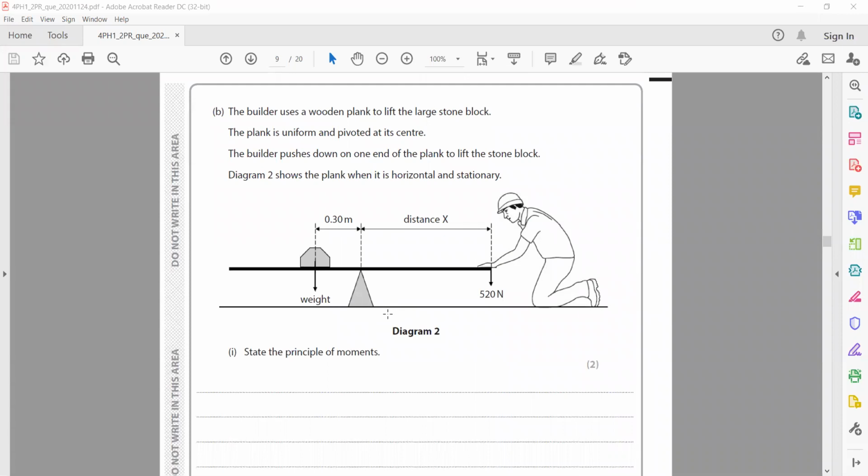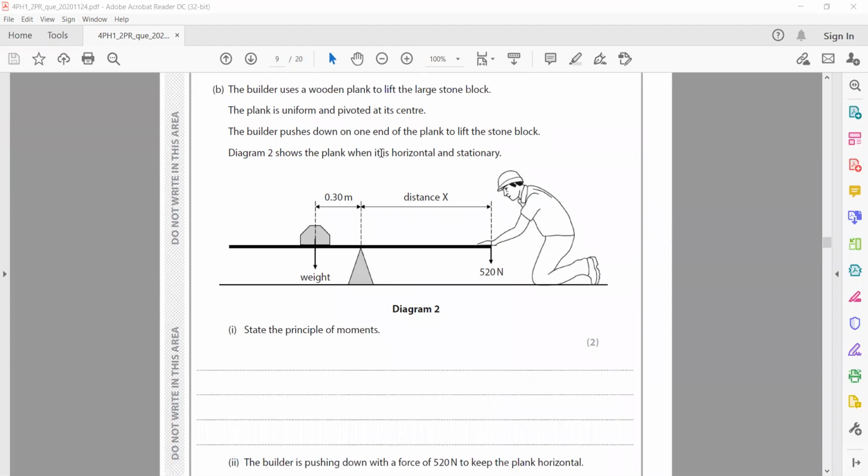The builder uses a wooden plank to lift the large stone block. The plank is uniform and pivoted at its center. The builder pushes down from one end of the plank to lift the stone block. Diagram 2 shows the plank when it is horizontal and stationary. State the principle of moments.